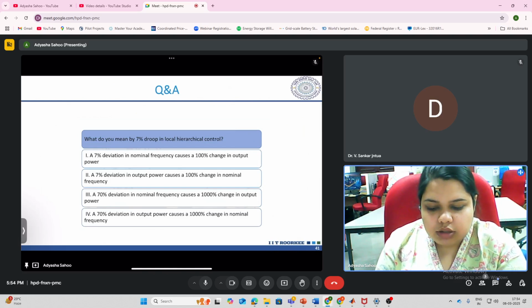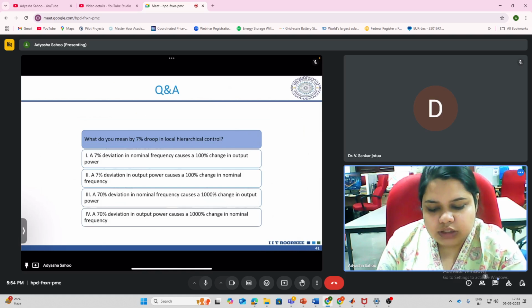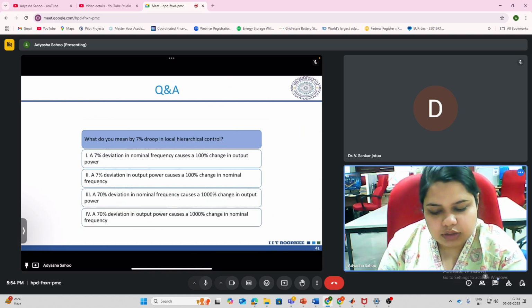Now, what do you mean by a 7% drop in local hierarchical control? 7% deviation in frequency, 100% change in output power; 7% in power, 100% in frequency, or vice versa.